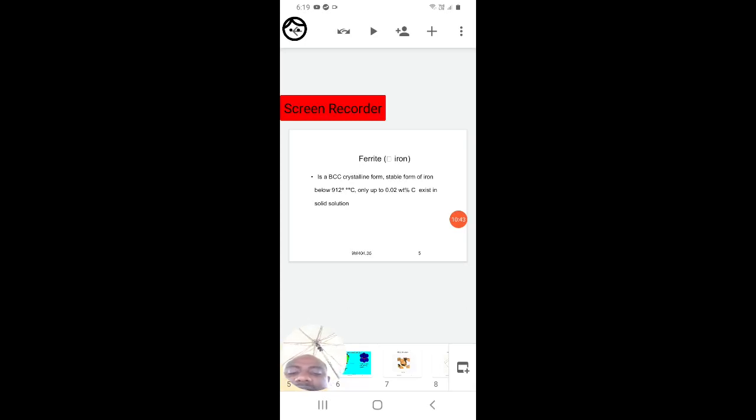The ferrite structure is body centered cubic. In the body centered cubic structure, the stick model illustrates the center atom in the body. One central atom is there.